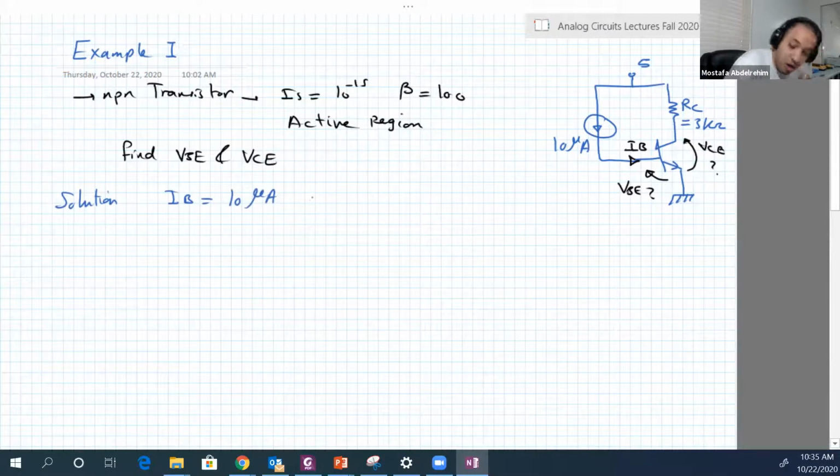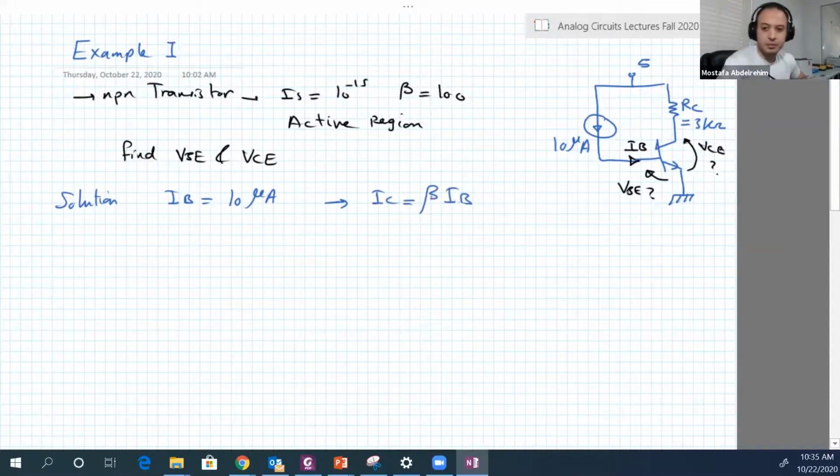We are in the active region, so IC equals beta IB. Remember, we can't use this equation in saturation. But since we are in active as given in the question, we can use it. So 100 multiplied by 10 will be 1,000 microamps. It's just 1 milliamp.